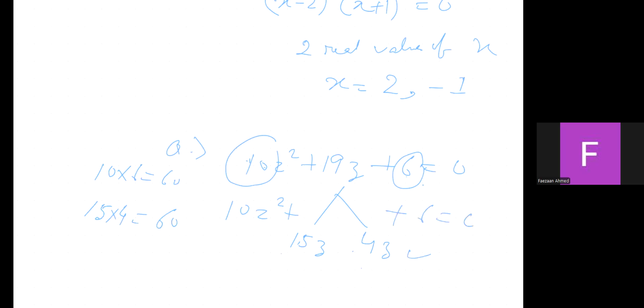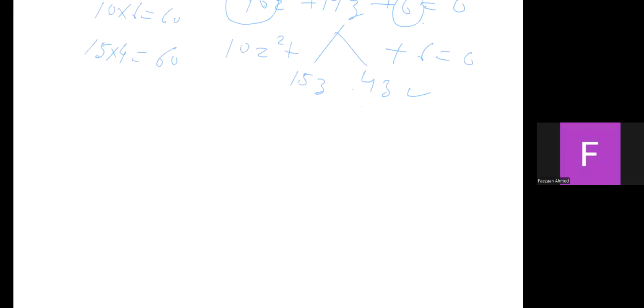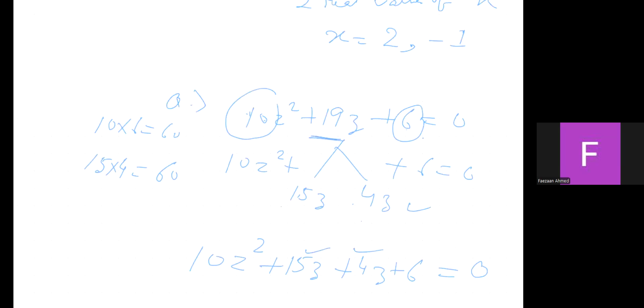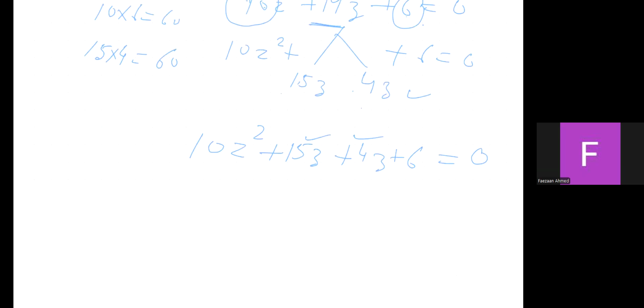Now I can write this as 10z square plus 15z plus 4z plus 6 equals 0. What happens if you add these two terms? You should always get the middle term with the sign. So you can take 5z, you get 2z plus 3, repeat it.